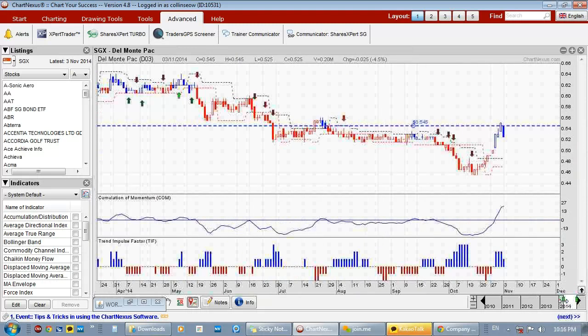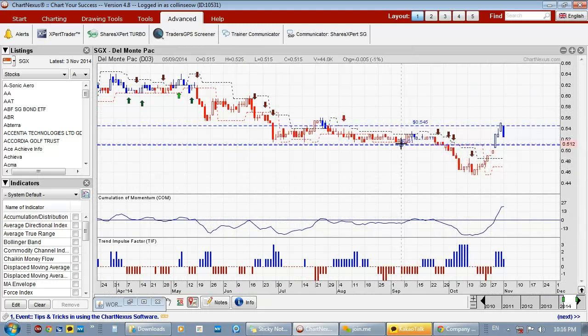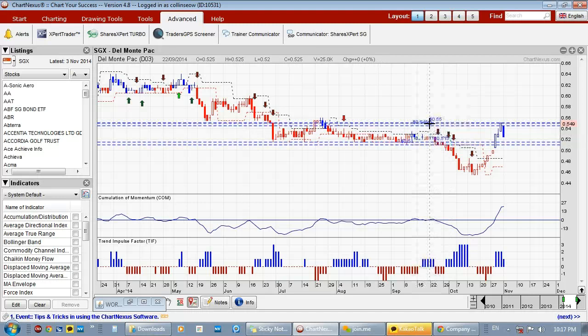And anyway, this stock may not be so suitable. You see that on a 3-month price, it's moving from 50 cents to 54 cents. So it's within this range for 3 months. So maybe not so suitable, and also it's below 50 cents.